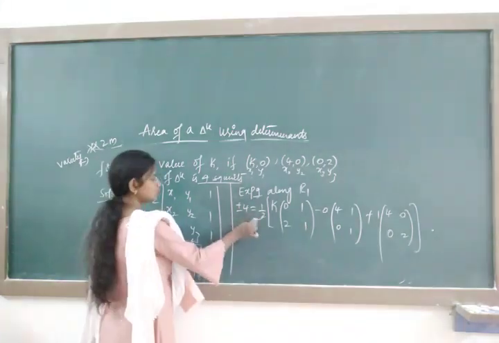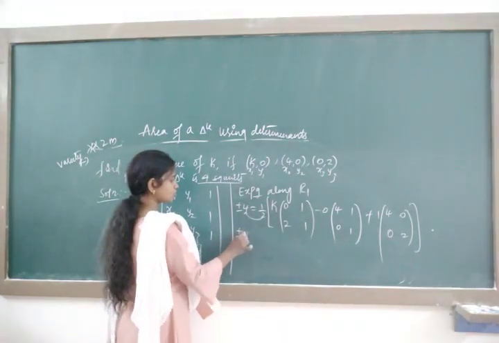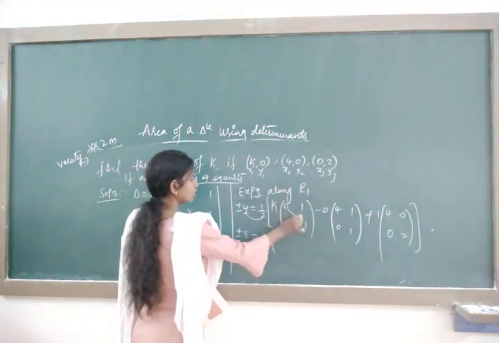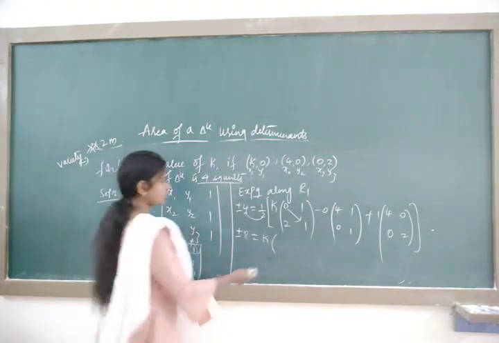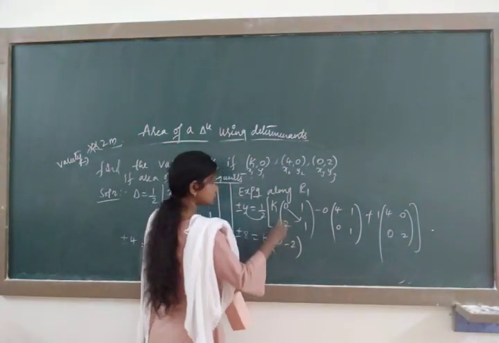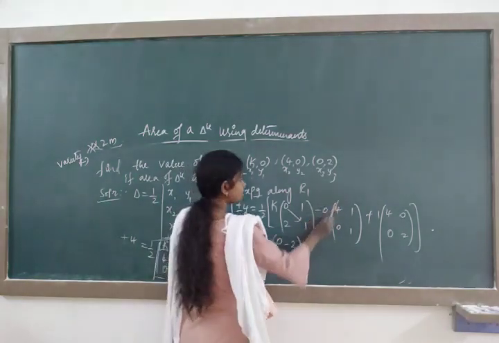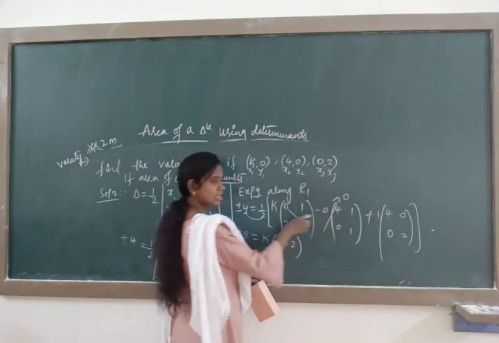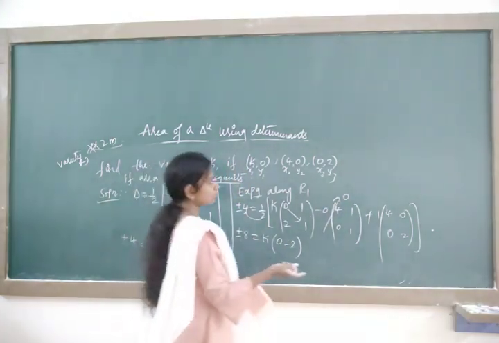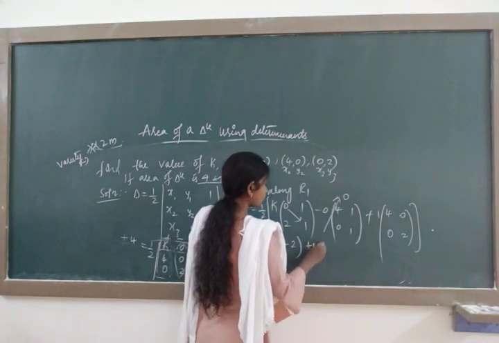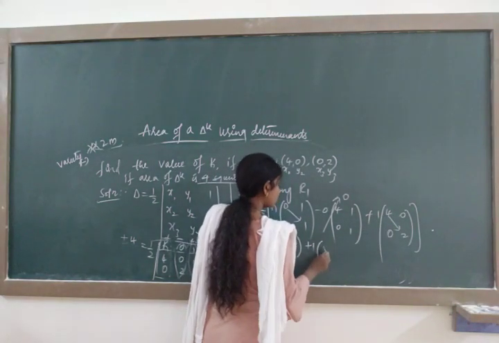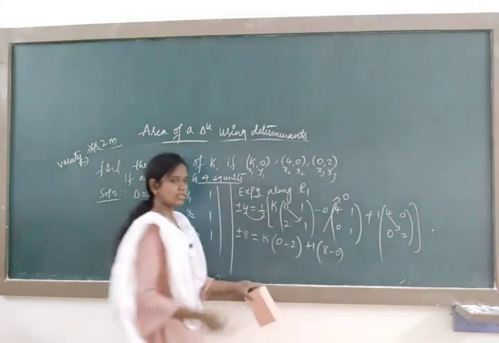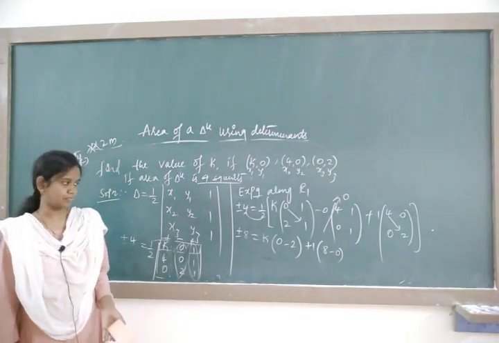Now you multiply these 2 to this side, it will become plus or minus 8, k of, expand the 2 cross: 0 into 1, it's 0, it's minus 2, secondary diagonal. This will be anyhow neglected because outside is 0, 0 into something is 0.